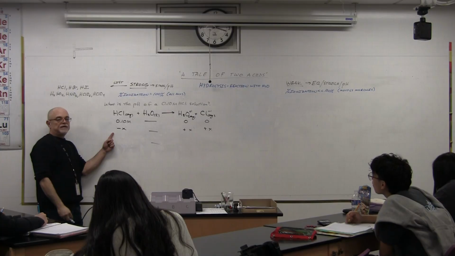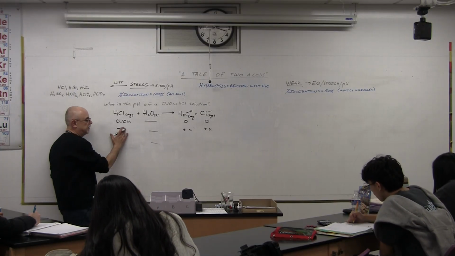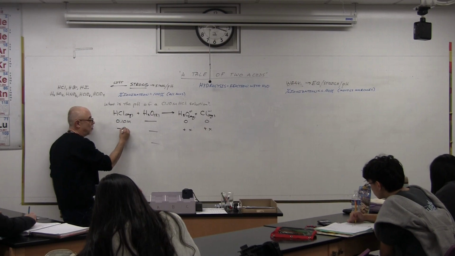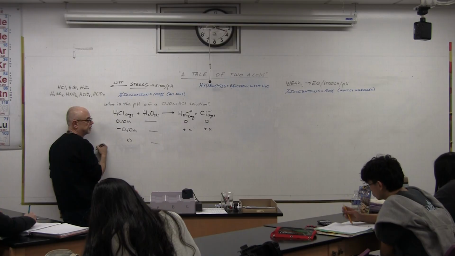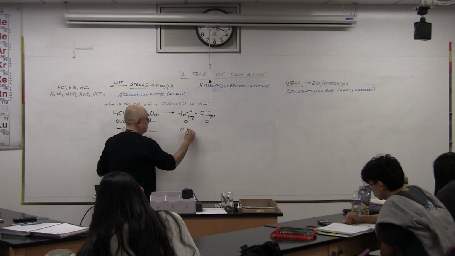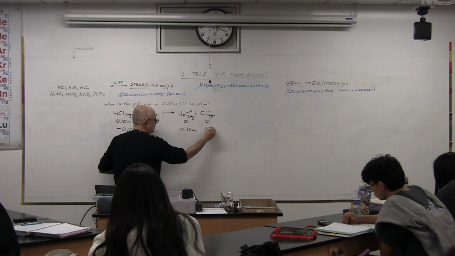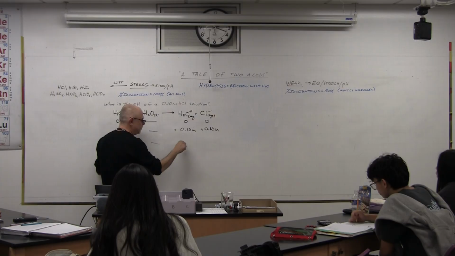Now, the difference is, if it's a strong acid, X is the whole thing. So really what's happening in this case is we don't even need X. All of this breaks down, so none of it is left in the molecular form. That means this is increasing by 0.1, and so is this.